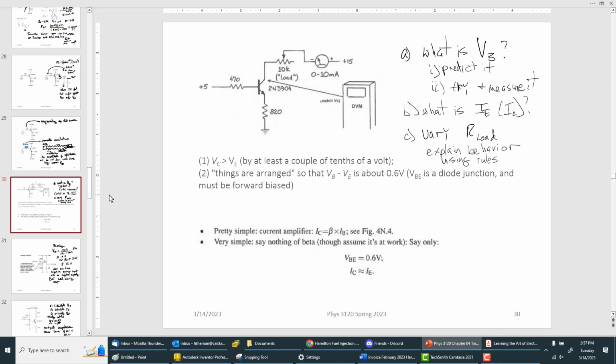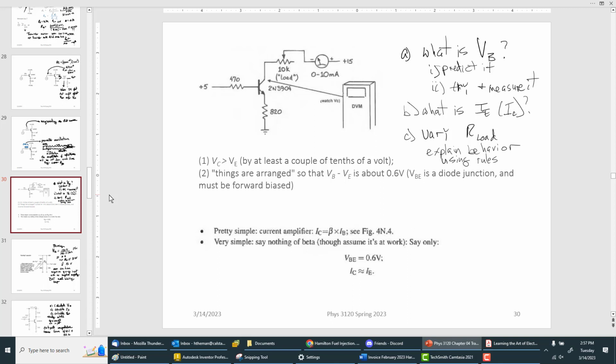We've gone over this a little bit. So what will be the voltage at the base? And then try to measure it. Then what is the I emitter, which basically is I collector?